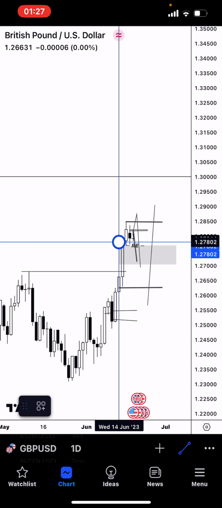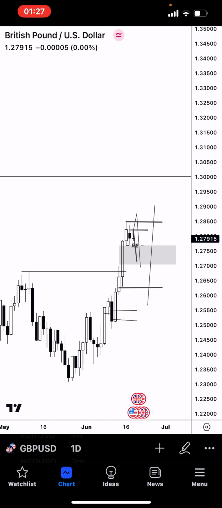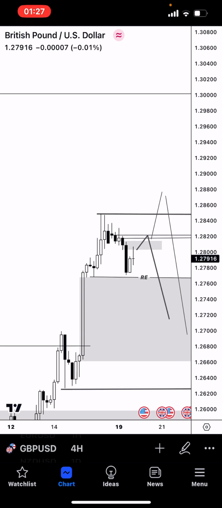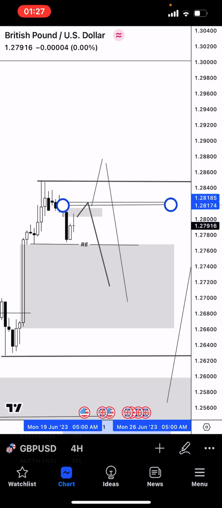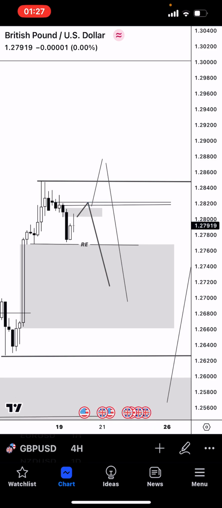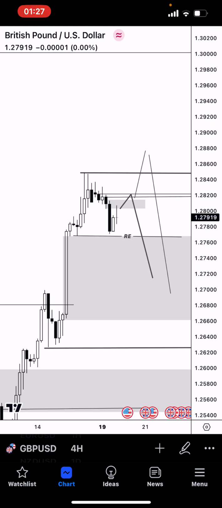Okay, now we go down to the 4-hour time frame. On the 4-hour time frame, I've just drawn out the Sunday open price and the Monday open price. We went below that level, which signifies weakness, or that the market is at a discount compared to the price it was at prior to Sunday.